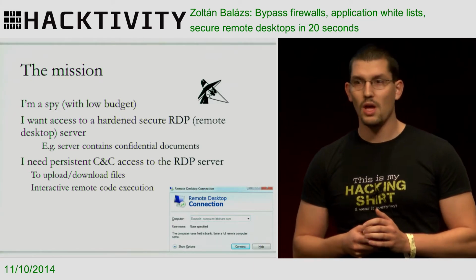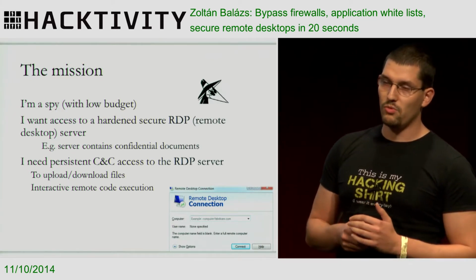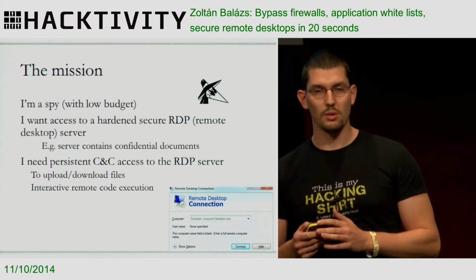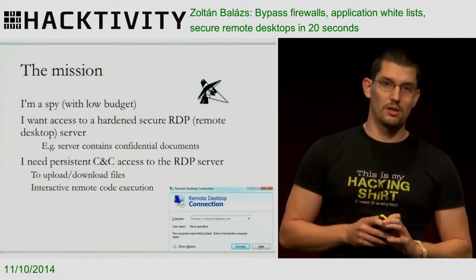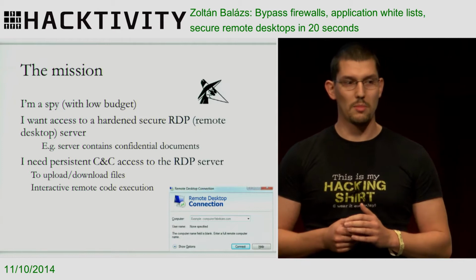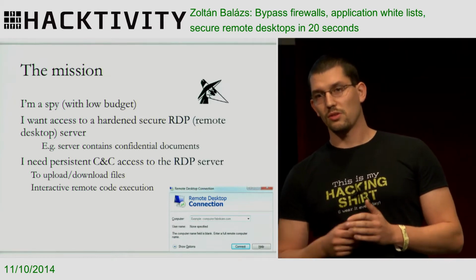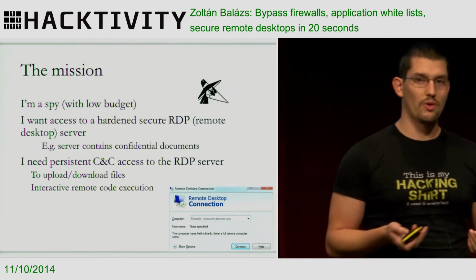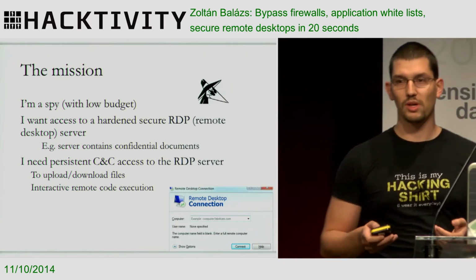The main thing is that I really need some command and control channel to this RDP server, and I need it in a persistent way so I can access it anytime I want. And I need this command and control channel to upload and download files or even for remote code execution.